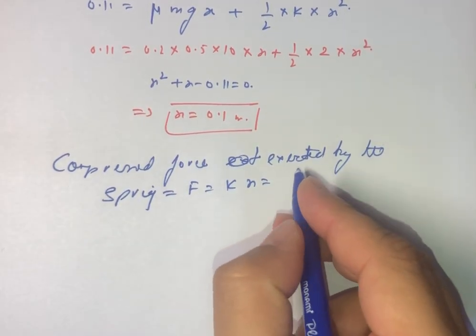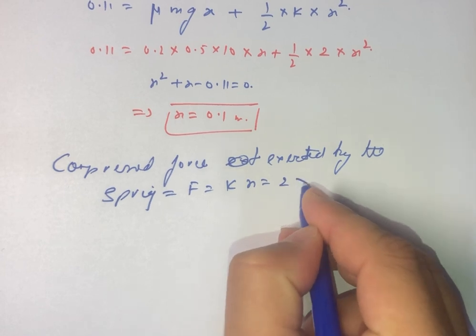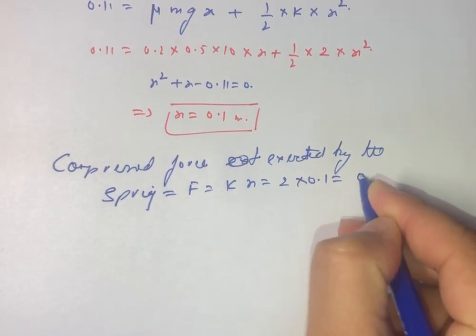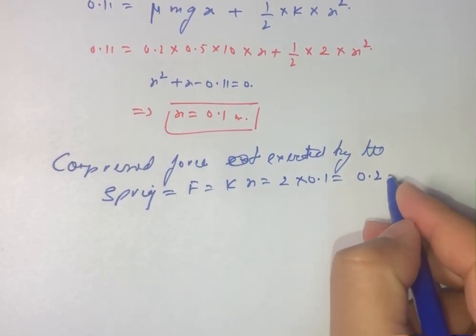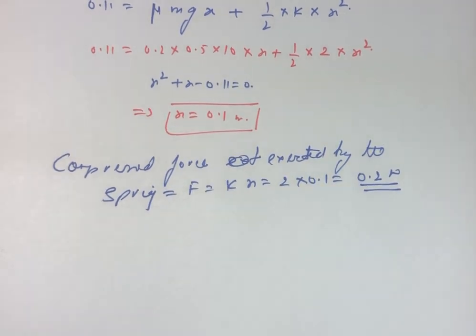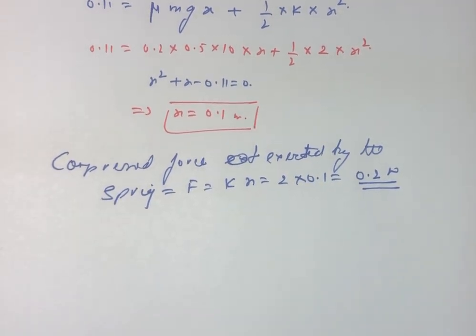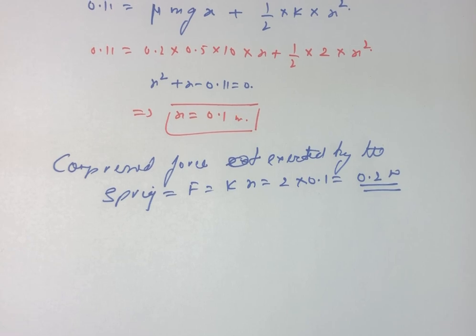So k is 2 and x is 0.1, so this comes to 0.2 Newton. Next we find the value of the limiting friction between the block and the track.